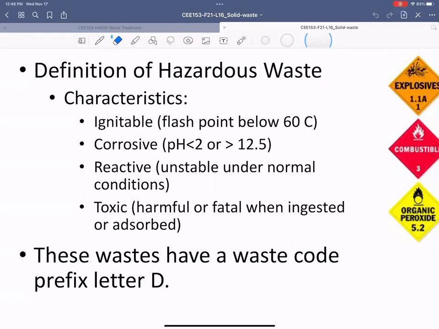The second one is corrosive. Corrosive is related to pH. So they define any substance with pH less than 2 or greater than 12.5 as too corrosive, and that becomes hazardous. Do you know the pH of Coke that we drink?